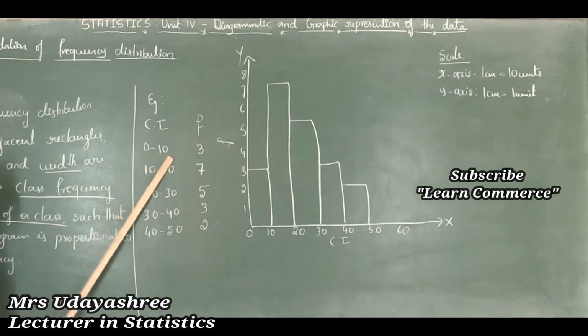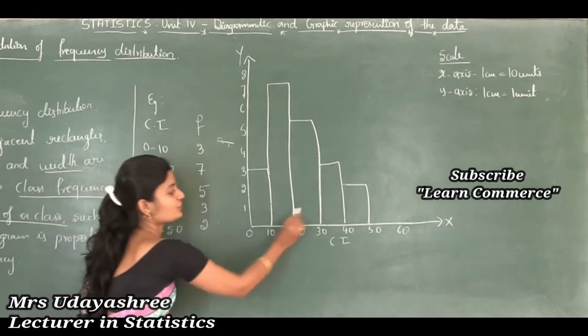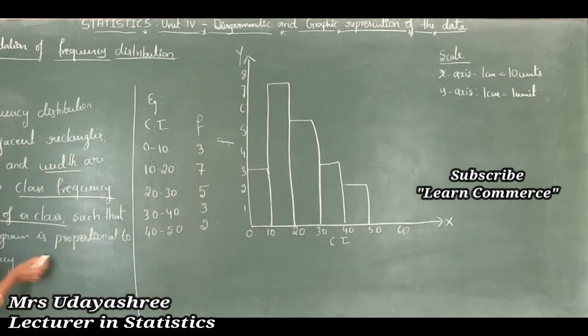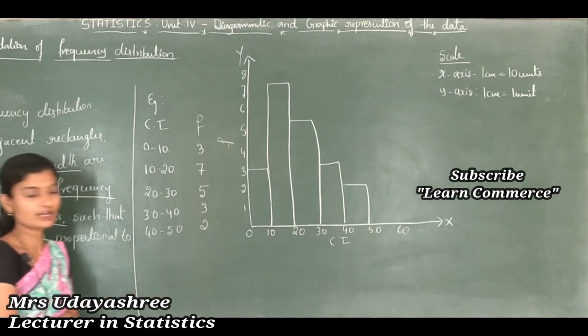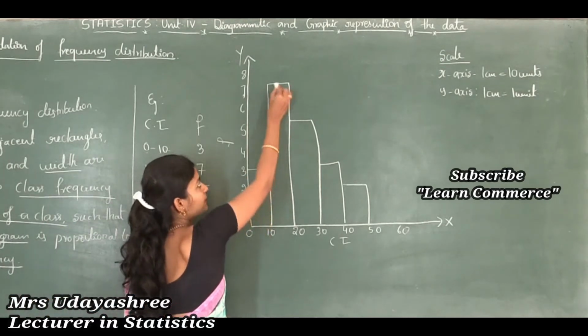Next, such that area of histogram is proportional to total frequency. The area of histogram, in the sense, is this area.